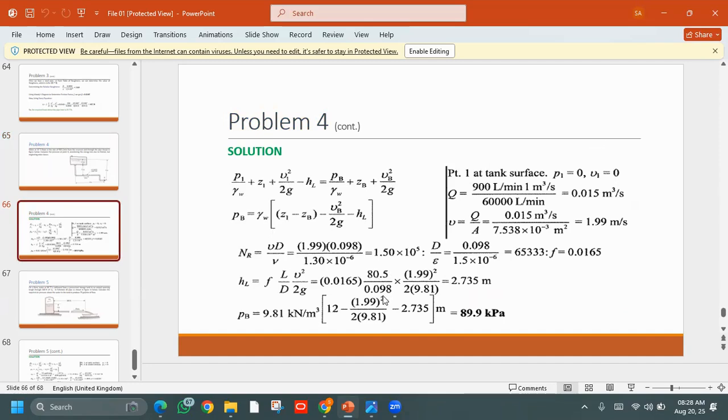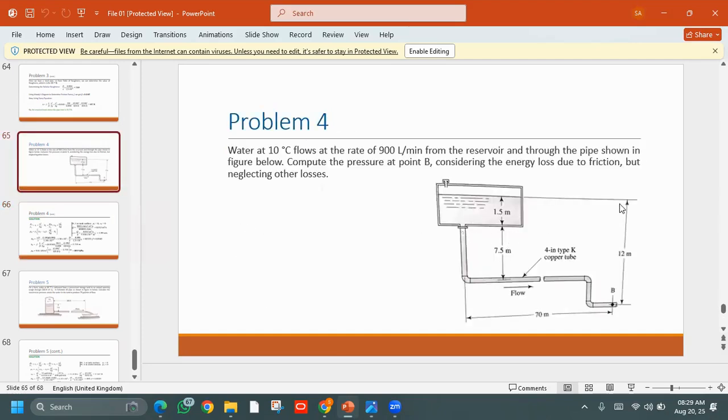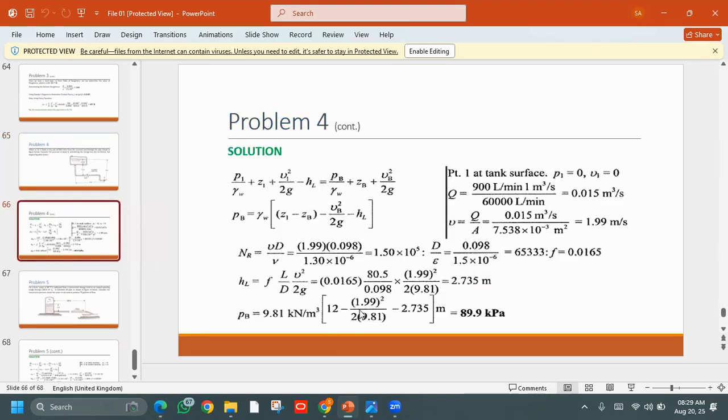So let's put in the other values, which are diameter and g, 9.81, we will use in that case, and the value of velocity. So the head loss will be equal to 2.735 meters. So now we have the head loss value. We have the elevation difference, which is 12 meters from point 1 to point B. So we will put that into that equation.